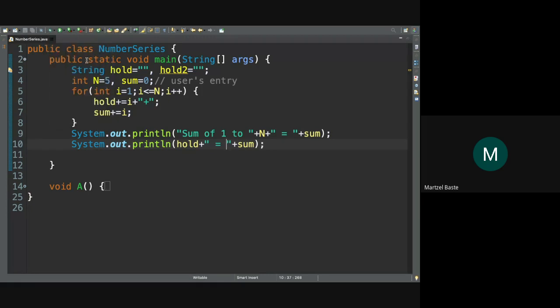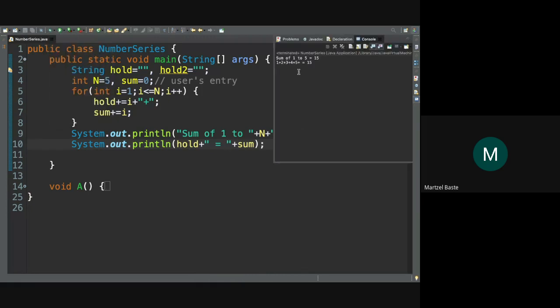Backwards, never mind. Anyway, 1 plus 2 plus 3 plus 4 plus 5 is equal to 15.